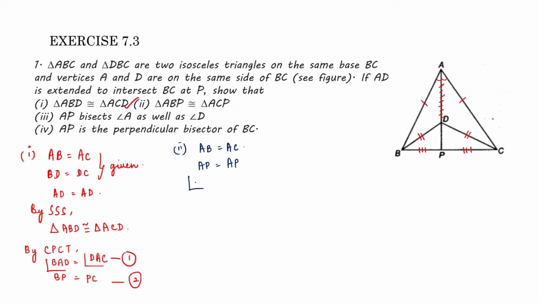And we also know that angle BAD is equal to angle DAC from this first equation. Hence, we could say by SAS, side angle side congruency, triangle ABP is congruent to triangle ACP. Hence, the second subdivision is also proved.